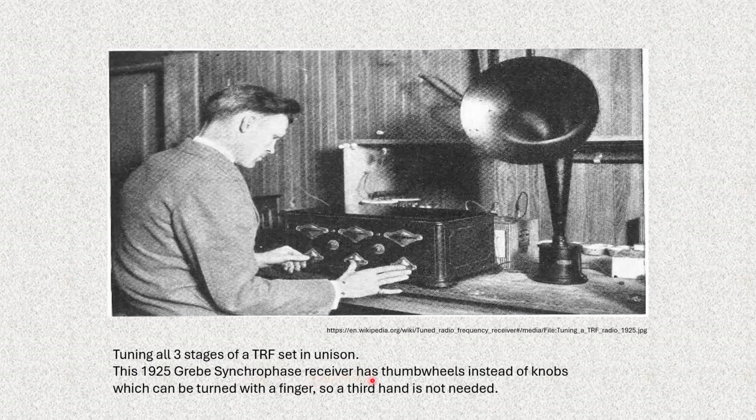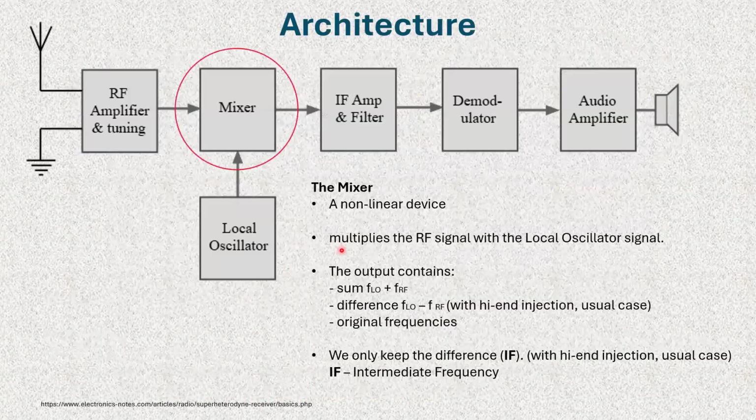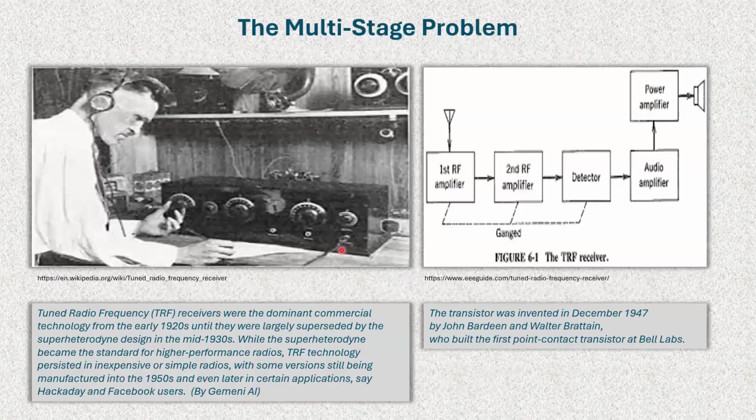Has thumb wheels instead of knobs, which can be turned with a finger, so a third hand is not needed. See here? This person can just develop a wrist action for simultaneously tuning all three stages, as opposed to here.